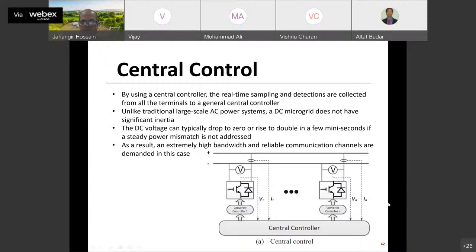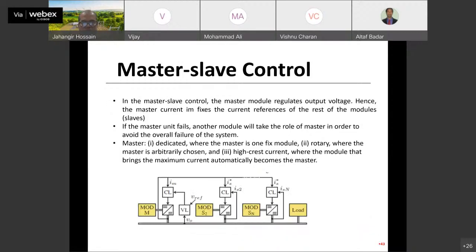That's why even for a microgrid, we need a very fast acting controller, so that if something happens, it can take action immediately. And when you have centralized control, you definitely need higher bandwidth and very reliable communication, because if communication is lost, you won't be able to get any signal, and the control you design will miss some information and might not give robust performance. So reliable communication is highly demanded if you would like to have centralized control.